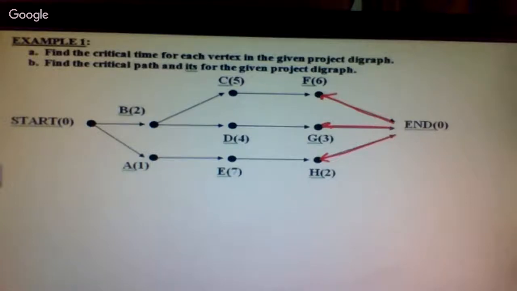If I go from end to F, that's 0 plus 6, which gives F a critical time of 6. From end to G, 0 plus 3 gives G a critical time of 3. From end to H, 0 plus 2 gives H a critical time of 2.